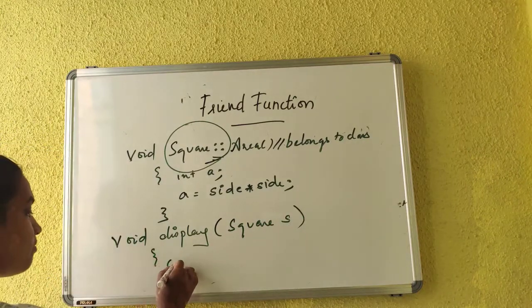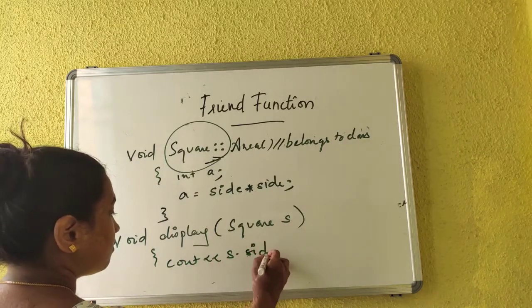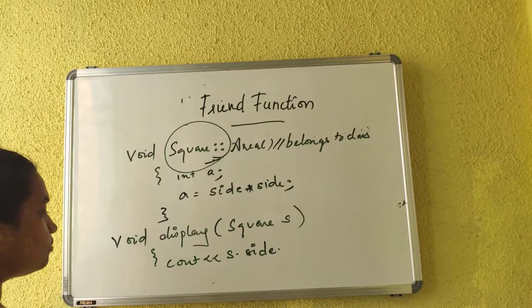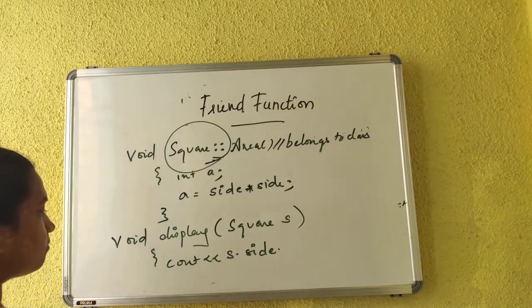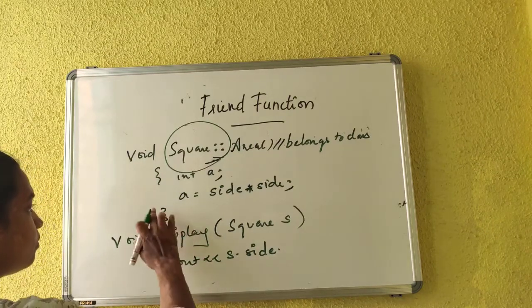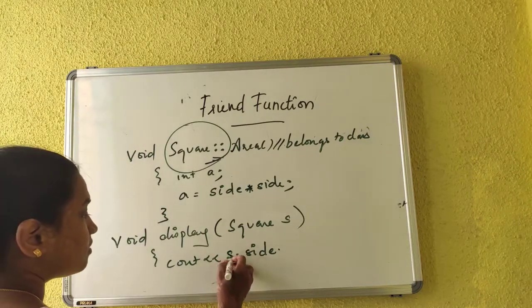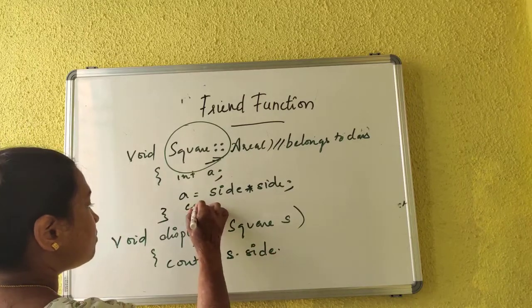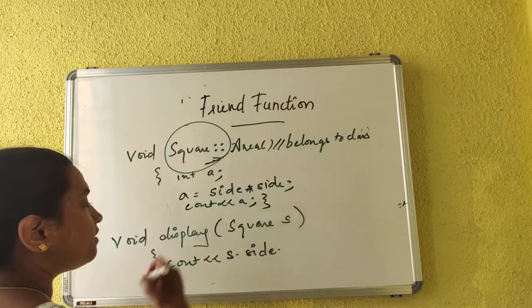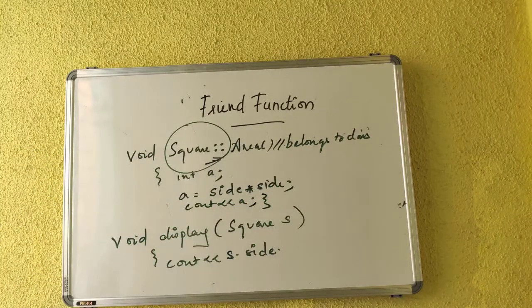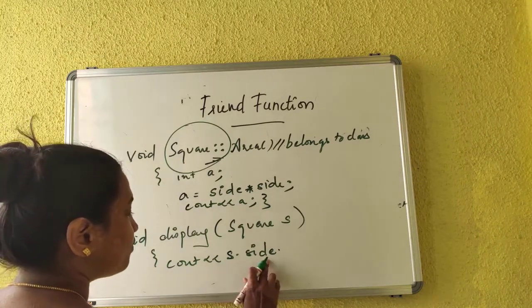Here I am writing cout S dot side. So I'm going to display the side.